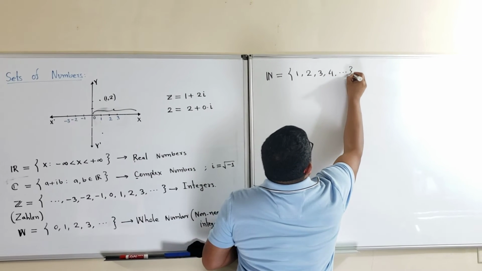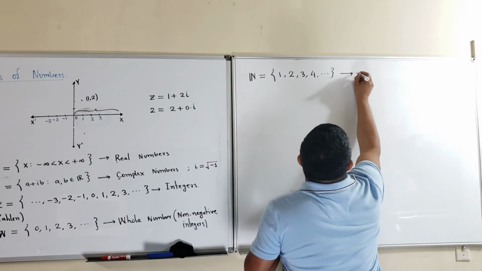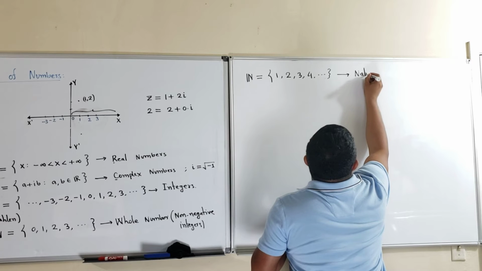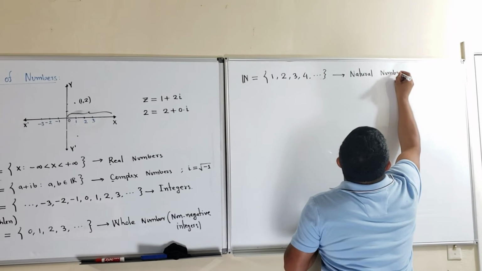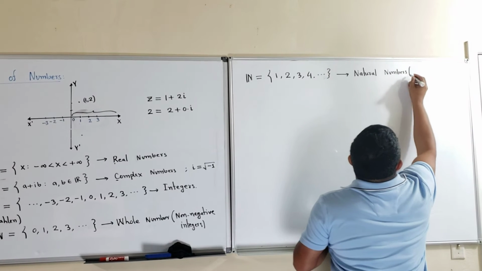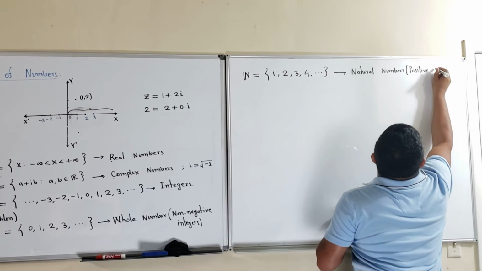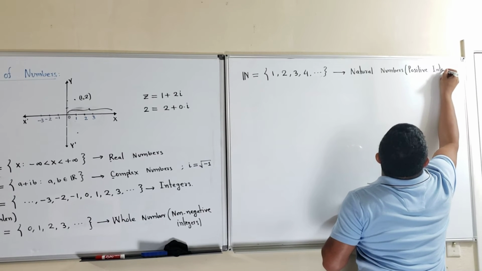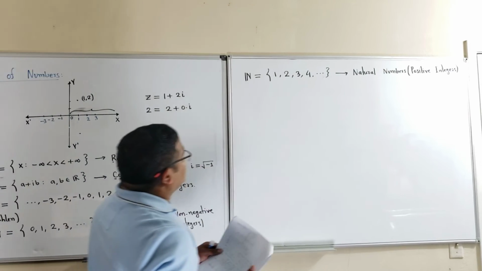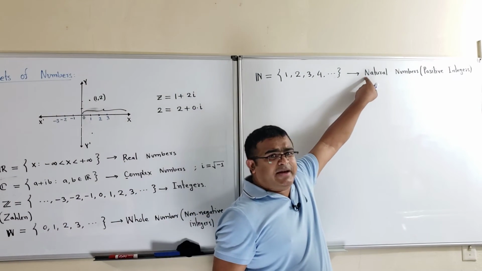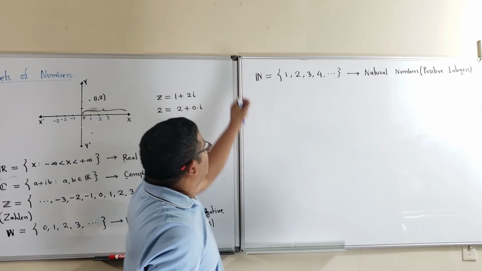Natural numbers, or you can say positive integers. For natural number, first letter is N. That's why it is denoted by N with double leg.